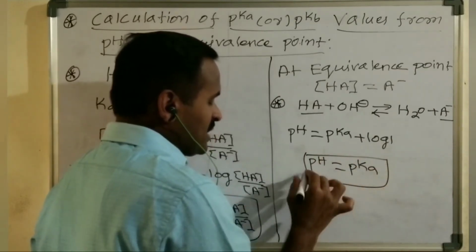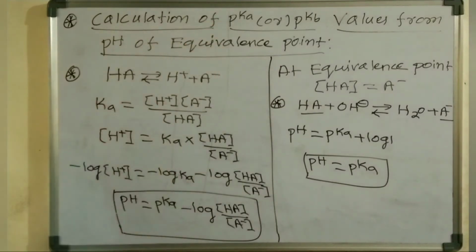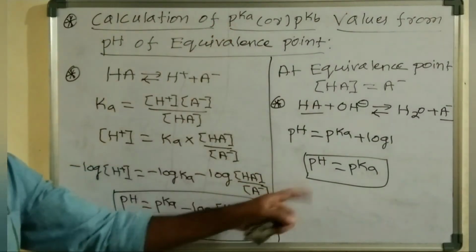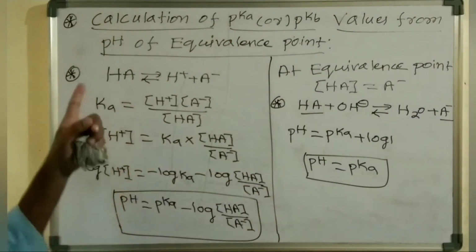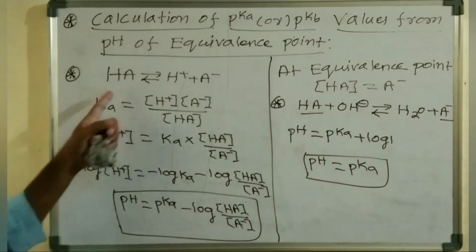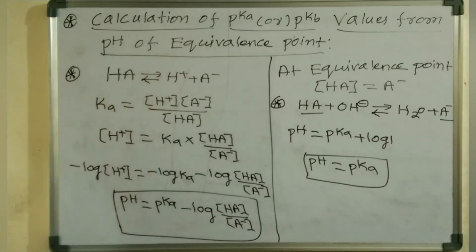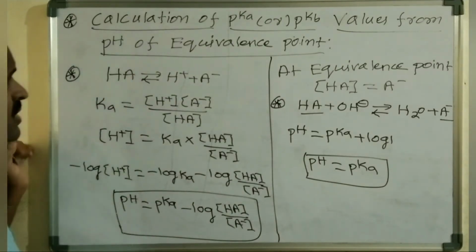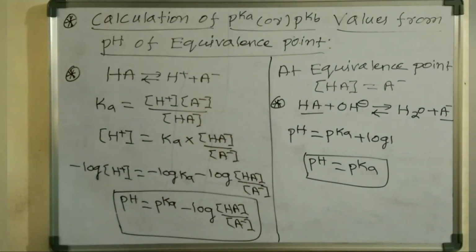From this I can easily find pKa. Similarly, for a weak base BOH, I can find its pOH or pKb.